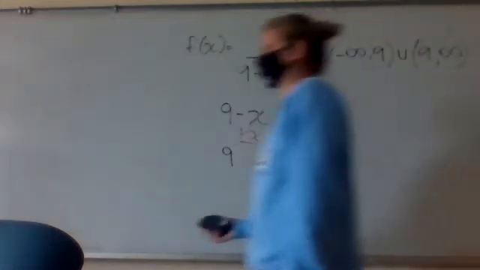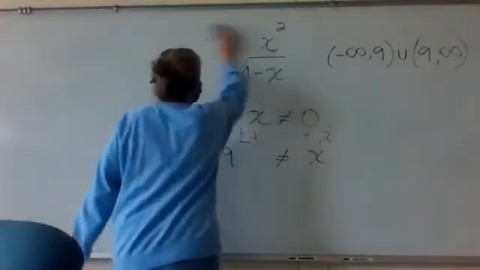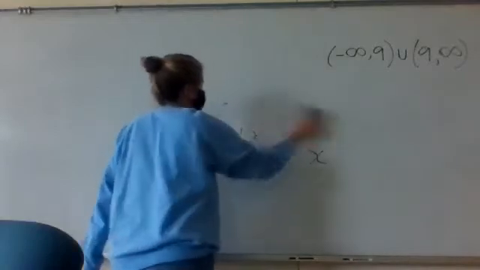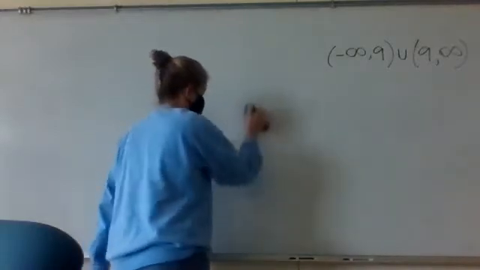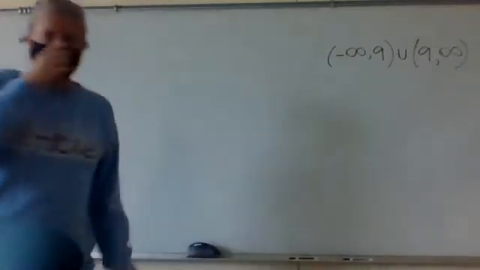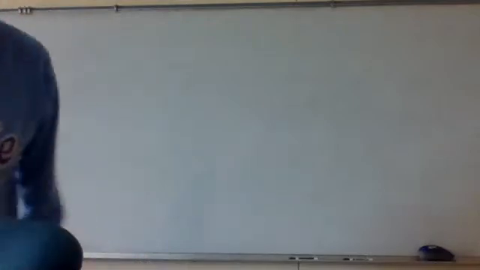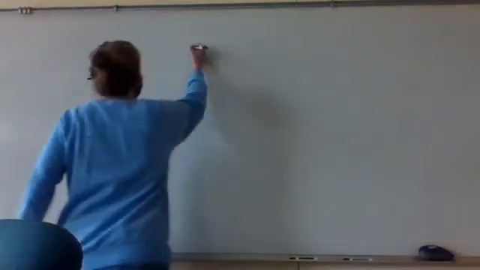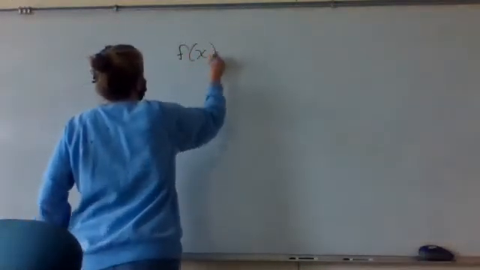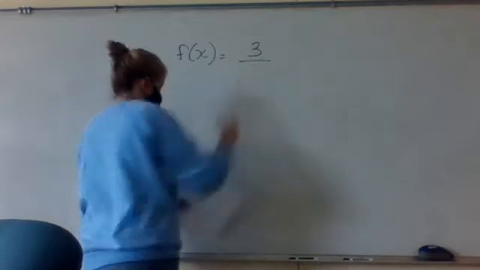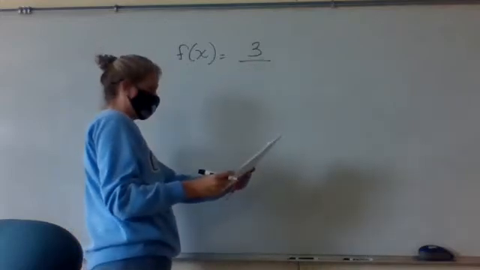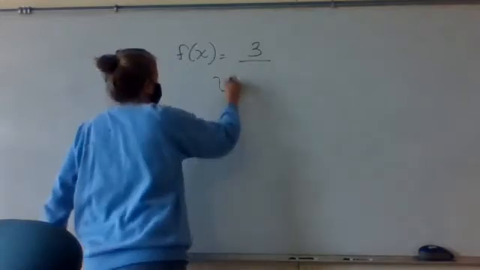All right, number 2 is the same kind of problem. Also asking for the domain of this rational function. This time our function is f of x equals 3 over x squared plus 2x minus 35.